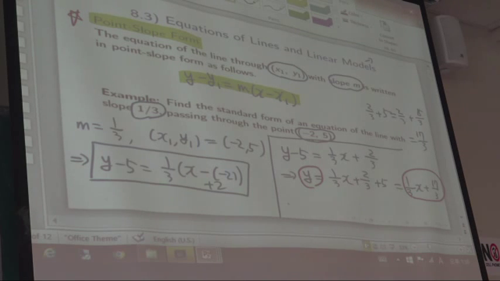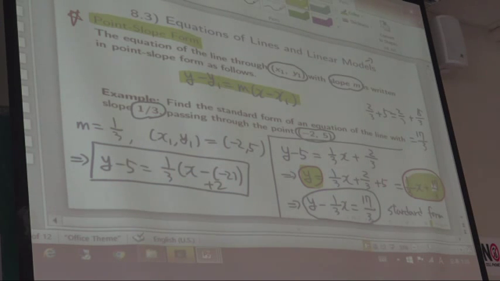Or we can also reduce this into y minus 1/3 x is equal to 17 over 3. Then we call this the standard form. Although you don't need to worry about the standard form. At least if you can get up to this point, then you're okay.